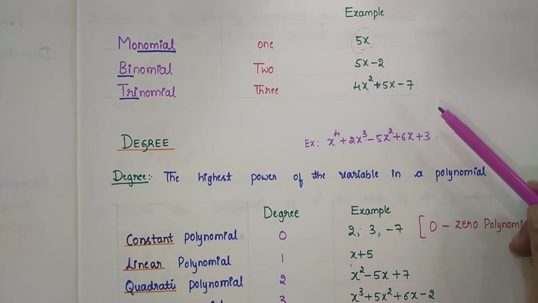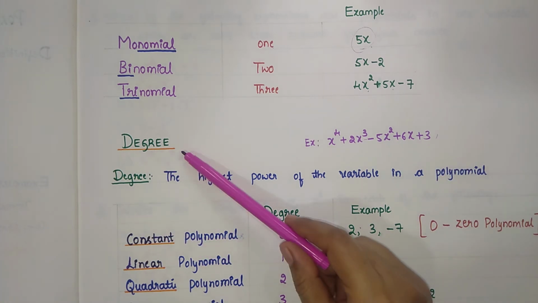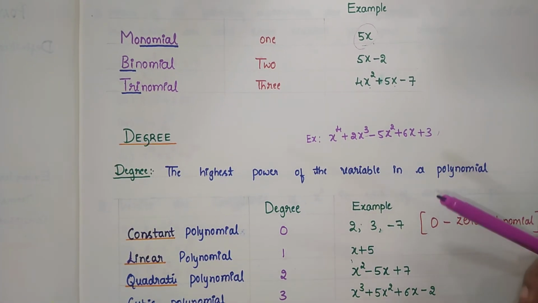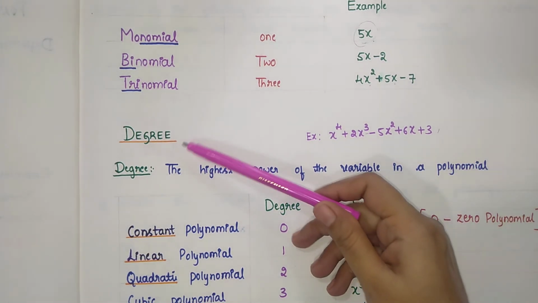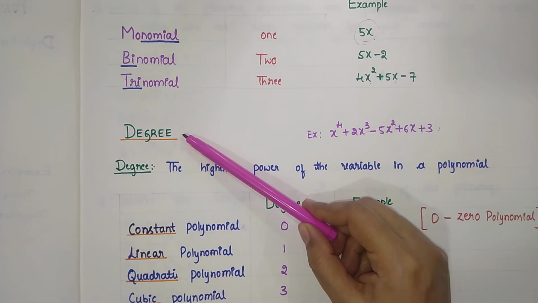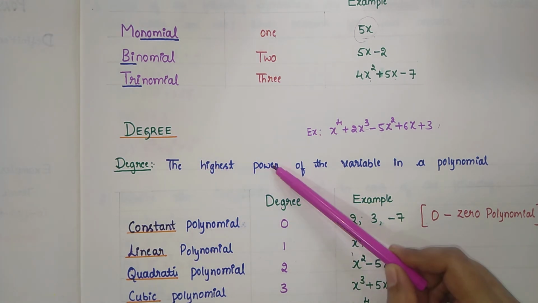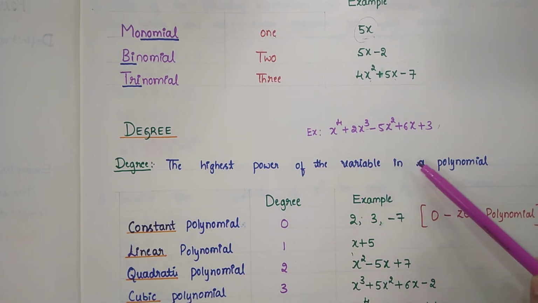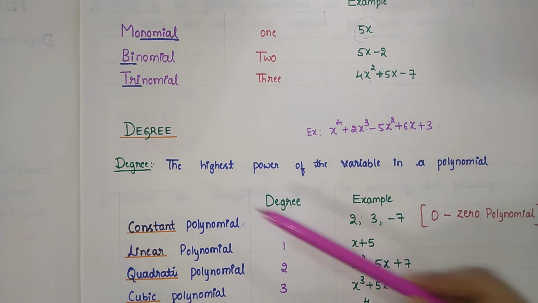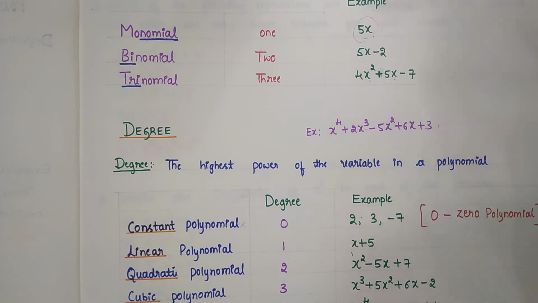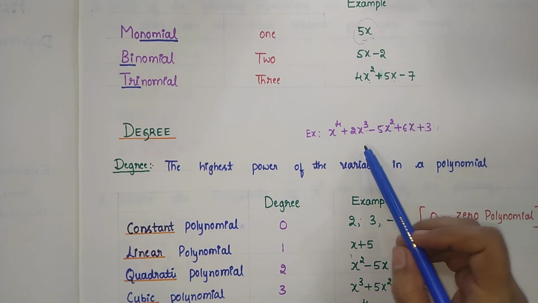Now let us see how the polynomials are categorized based on the degree of that polynomial. So in order to understand that, first you should know what is the degree of the polynomial. The highest power of the variable in that polynomial is called as the degree of the polynomial. So I'll explain you with this example.